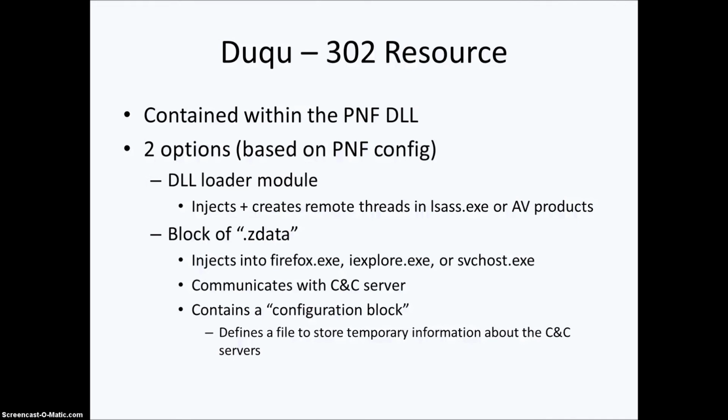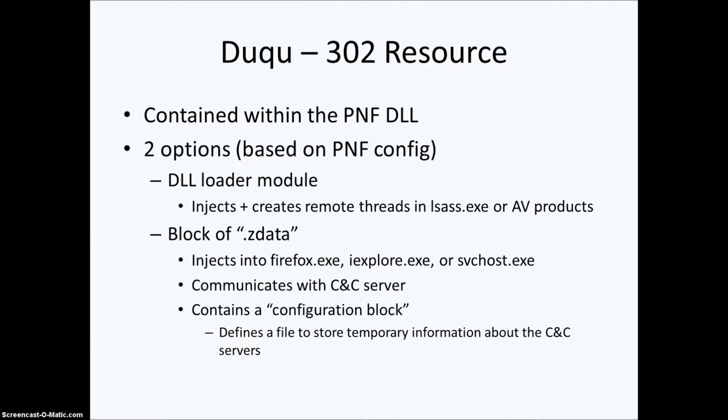The 302 resource is contained within the PNF DLL as well. And essentially this resource has two options. One of them is chosen based upon the flags in the PNF config file. The first option basically instantiates a DLL loader module that is then injected into lsass.exe and/or even some antivirus products.